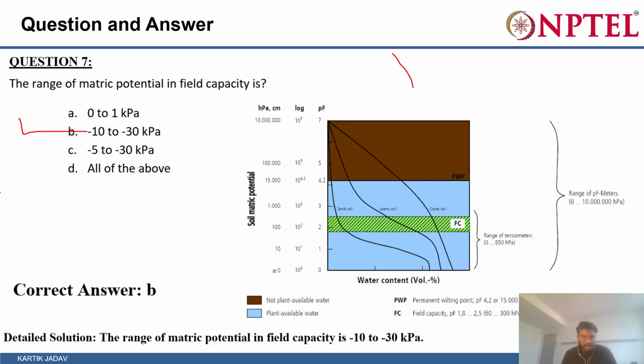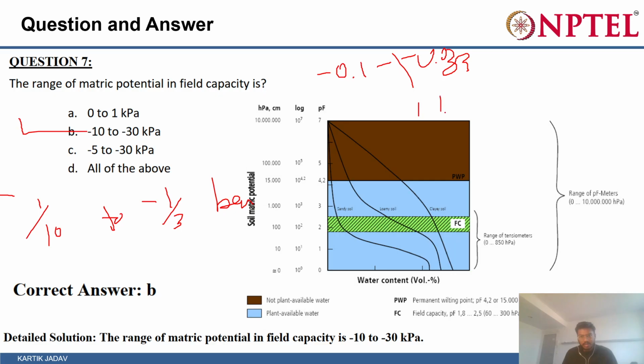In bars, it is generally minus 0.1 to minus 0.33.